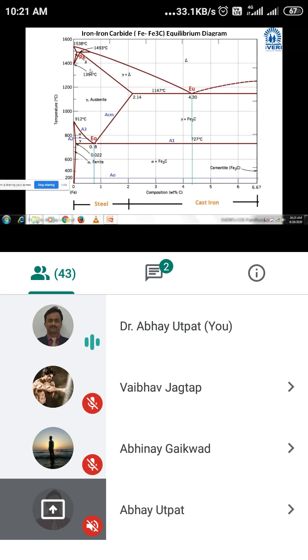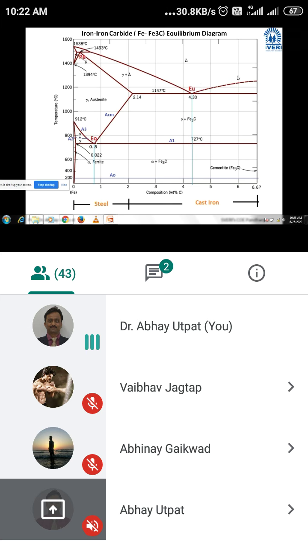Now I will go to the right side. L is clearly visible to everybody. Then I am moving the cursor along this line. See the movement of the cursor. I am moving the cursor along the line and then on this dotted line.